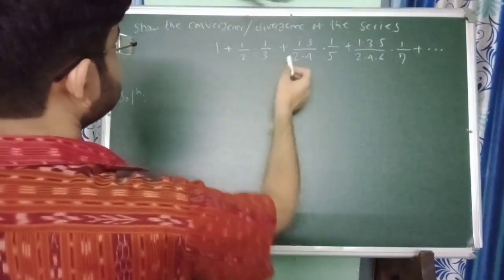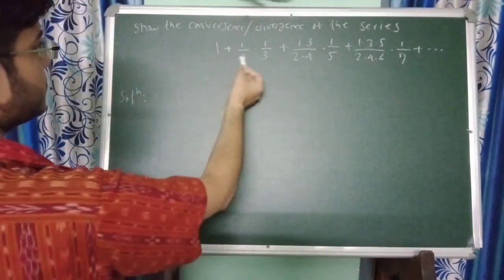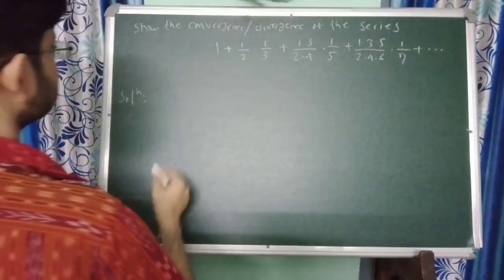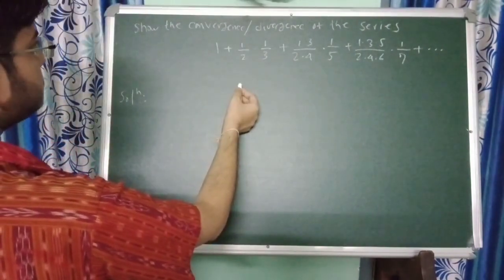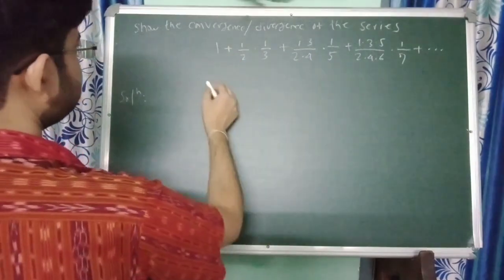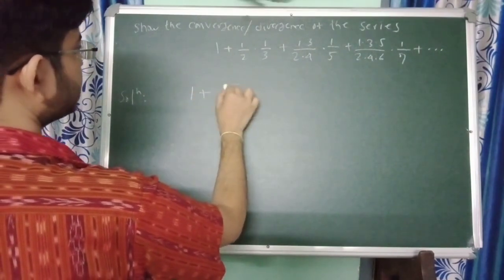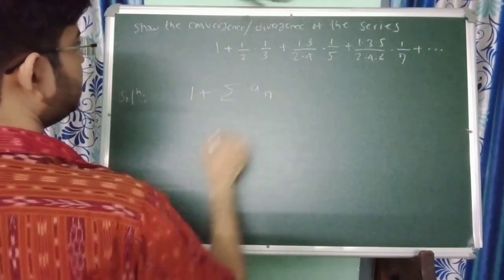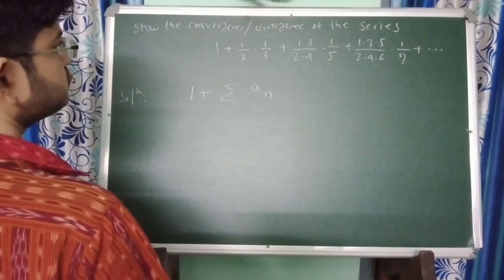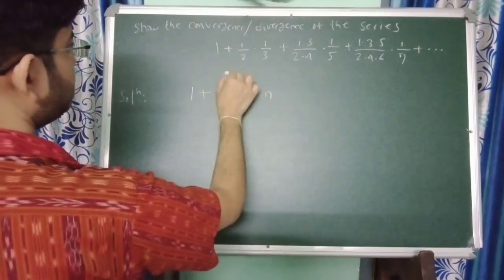Check the convergence or the divergence of the given series. This is the given series. Now we write the series as 1 plus summation a n, n starting from 1 to infinity.